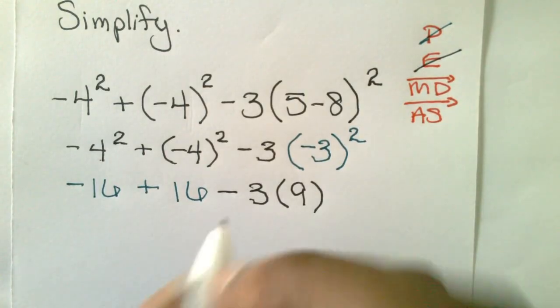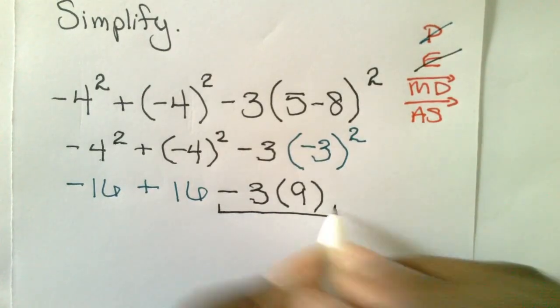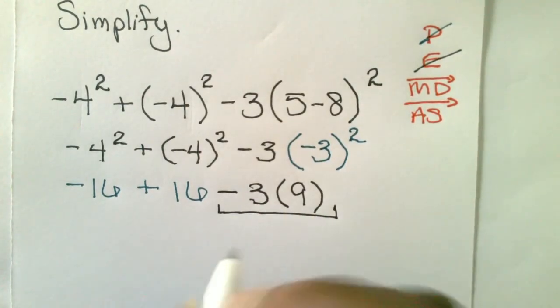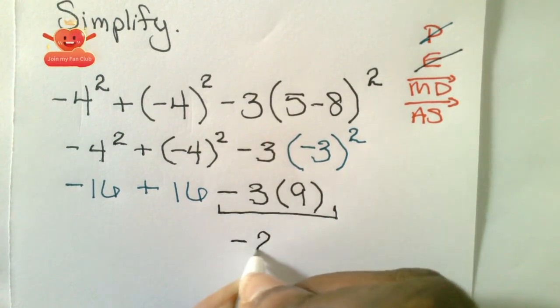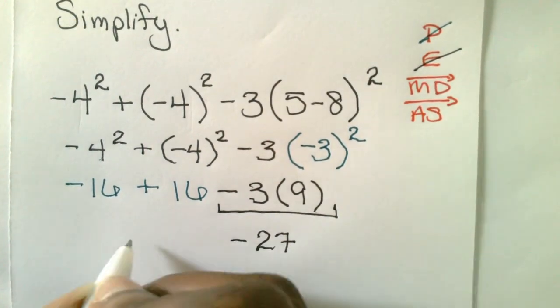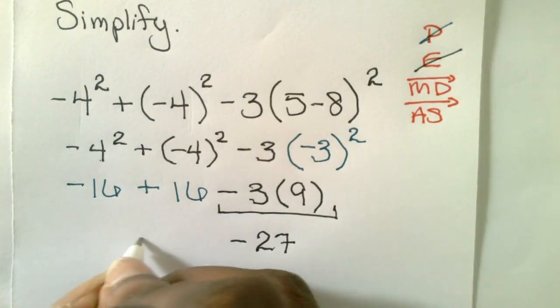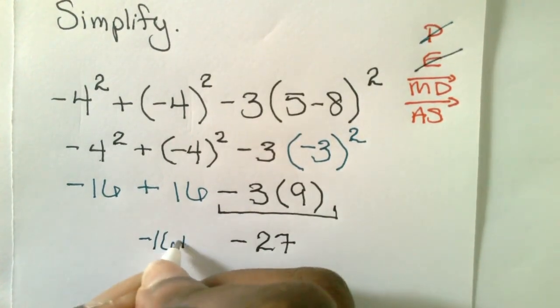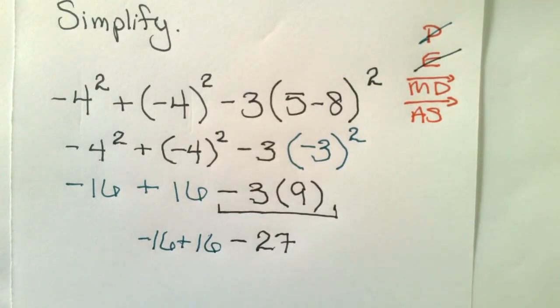Okay? So now here, this is a negative 3 times 9. So that gives me my negative 27. Then you have your negative 16 plus 16.